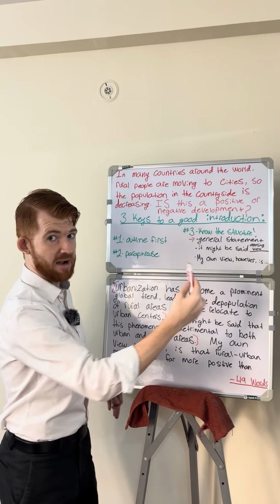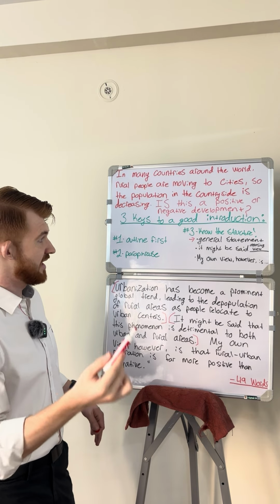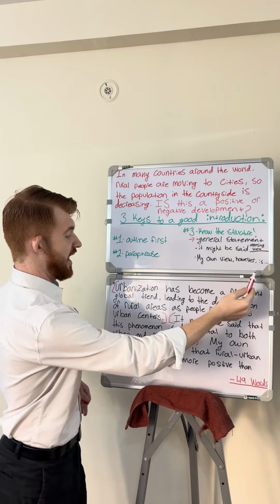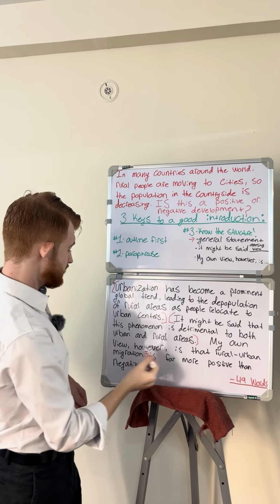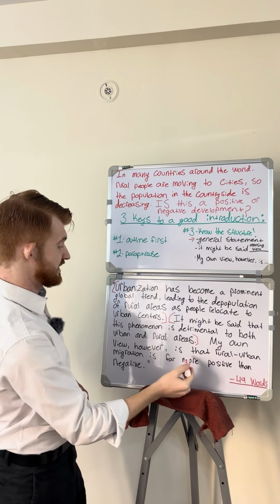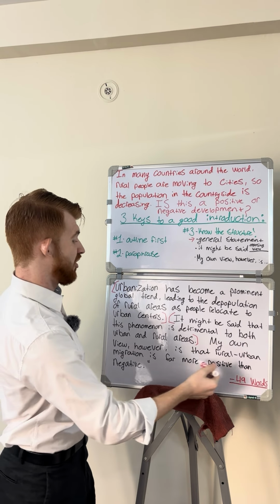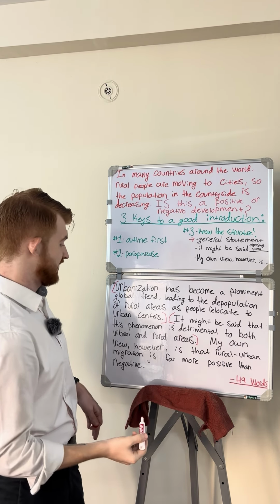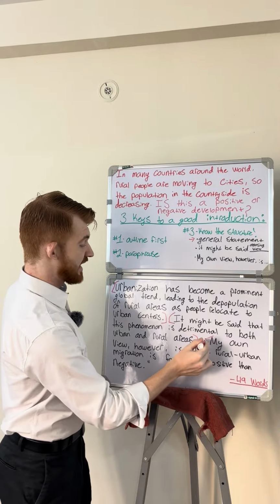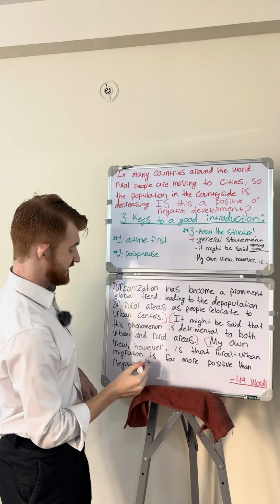This is the "it might be said" sentence. Then we have my own view, however, is that rural-urban migration is far more positive than negative. So here, I clearly give my stance.